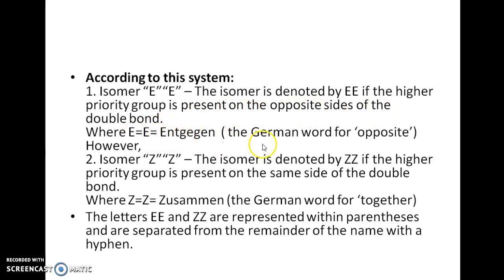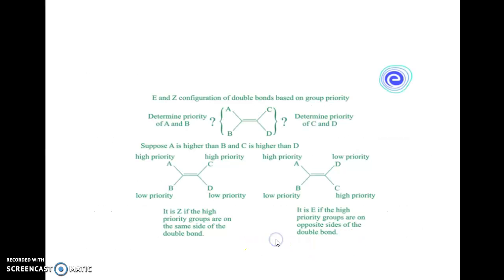E is from the German word entgegen, opposite. However, Z is denoted by the letter Z if the higher priority groups are on the same side of the double bond. Z means zusammen, the German word for together. The letters E and Z are written in parentheses and are separated from the remainder of the name with a hyphen.